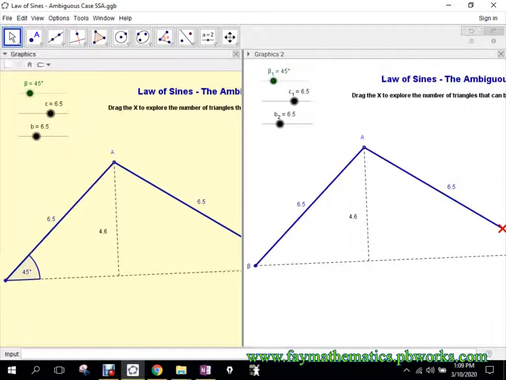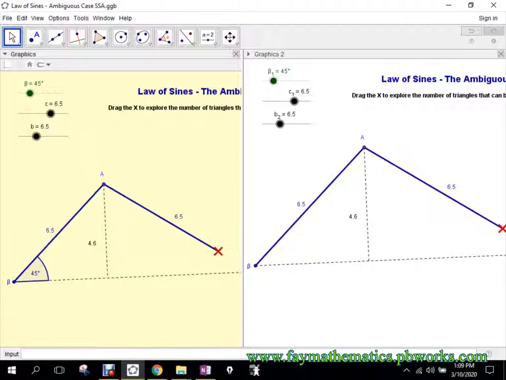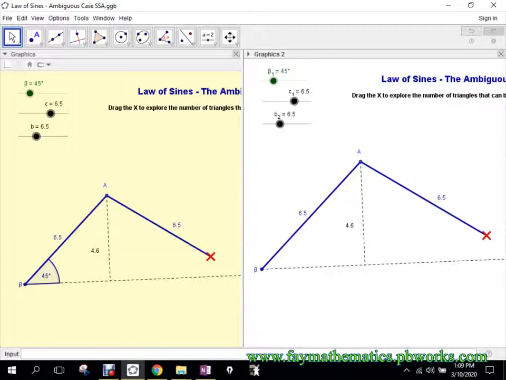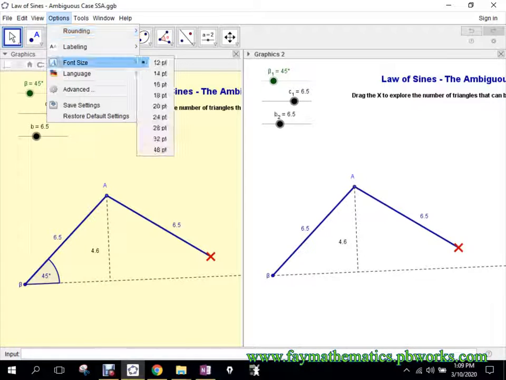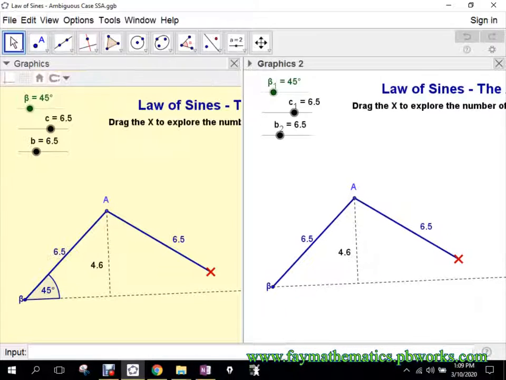All right, so 1, 2, 3, 1, 2, 3. The way I set this up is that we have two figures here, two triangles that are exactly the same, correct? And I've zoomed in and out the same amount on both of them, so those are identical. If I was able to take the yellow one and lay it on top of the white one, they are the same, okay?